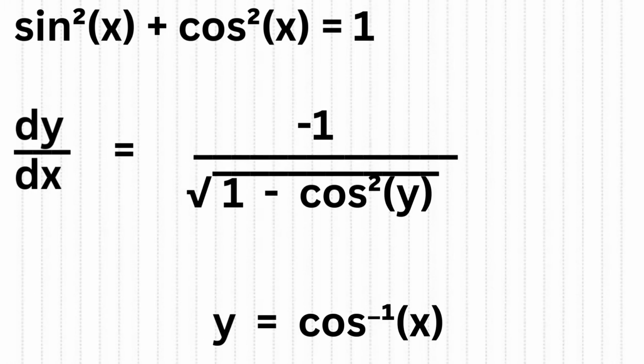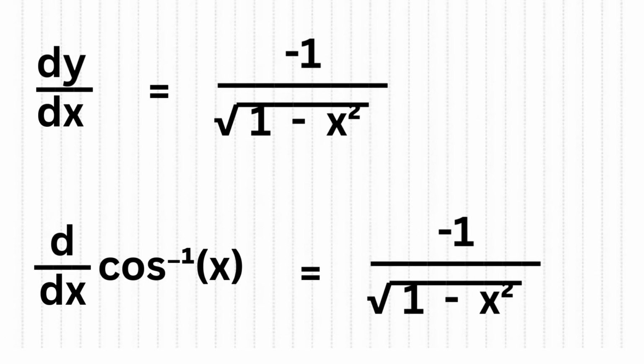Based on the identity, we find sine in terms of cosine, so we can match with the initial function y equals arccos x. Then, plug in y into cos squared y just like we did with sine. Therefore, dy dx equals negative 1 over square root of 1 minus x squared.